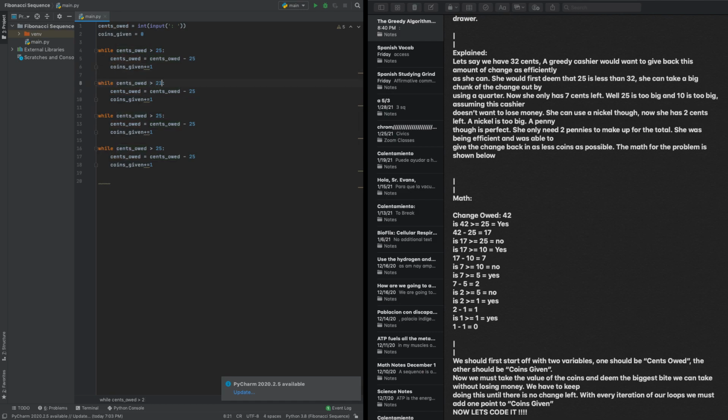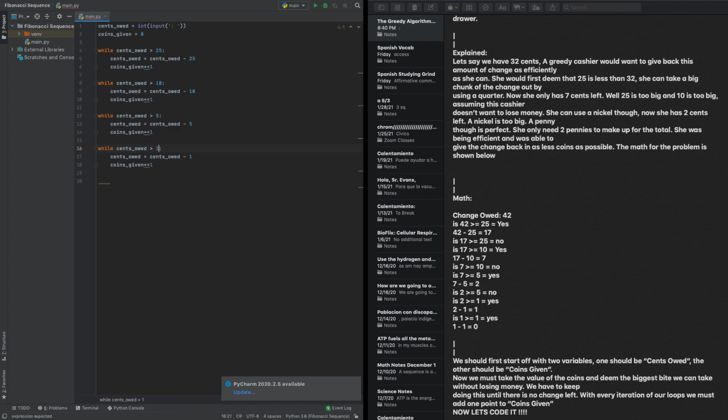We go to the pennies because that is the next available one. So now we want to take our cents owed and subtract 10, but we still want to keep adding a coin. And then over here we give it 5, and over here we give it 1, so we have to change these values to 5 and 1.